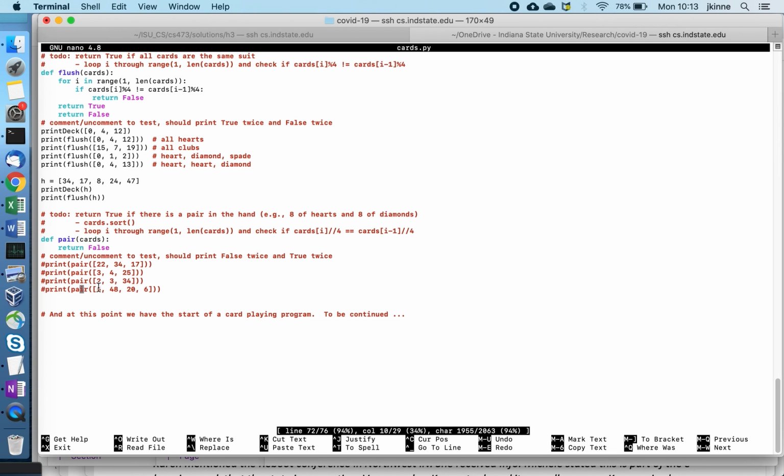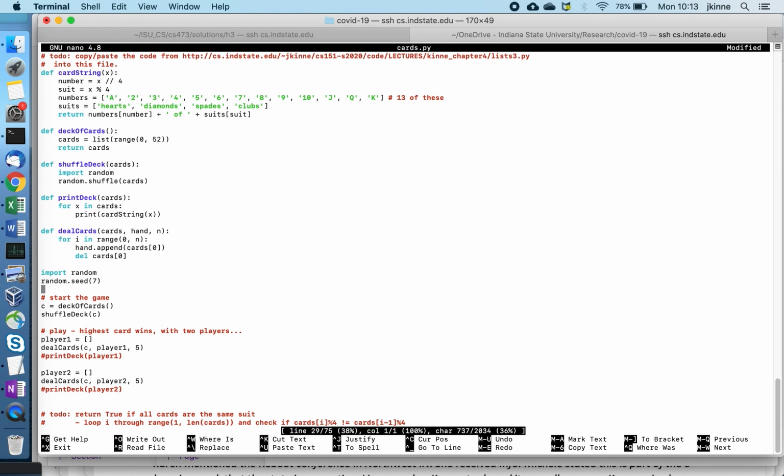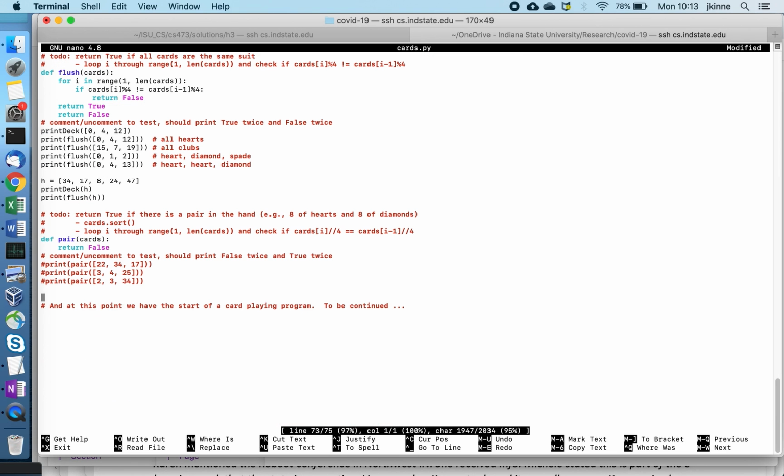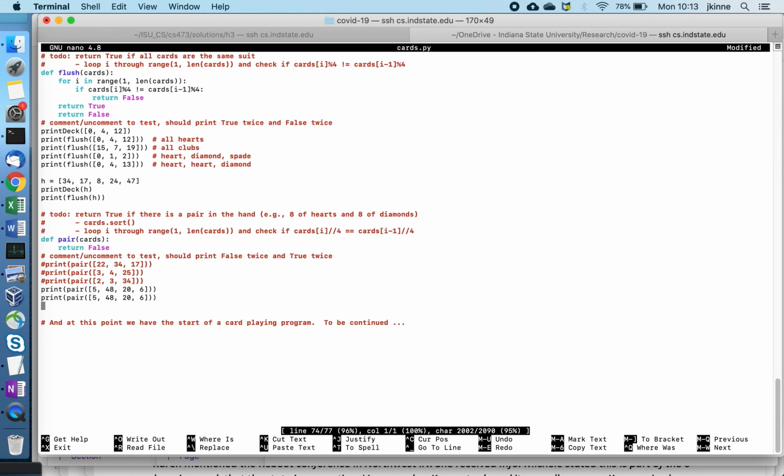So this one here, let's look at it. So I'm going to print the deck. The last deck that I print will be this hand.